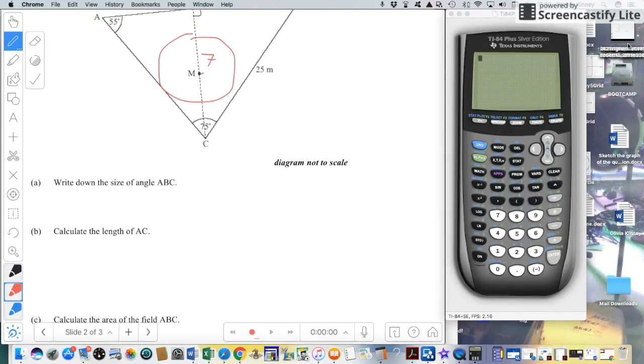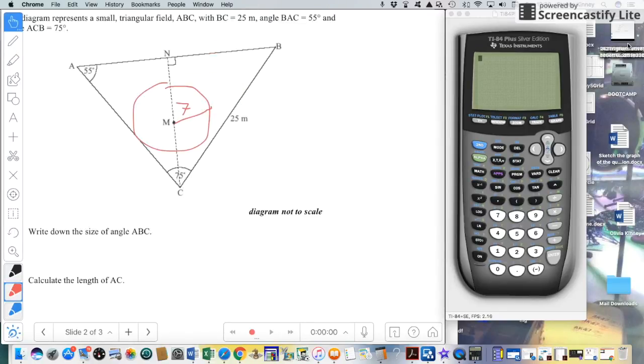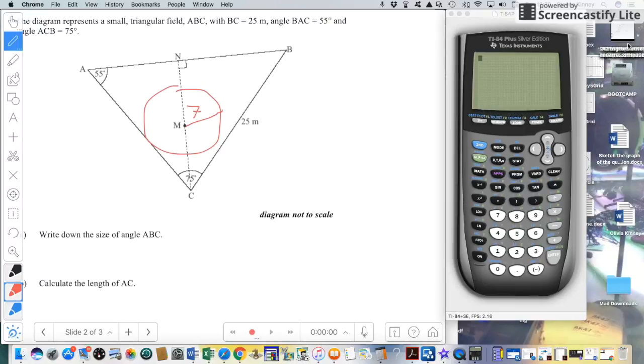Okay, that the goat can reach, and then the midpoint of BC, half of 25, 12.5. We're going to call that point P.